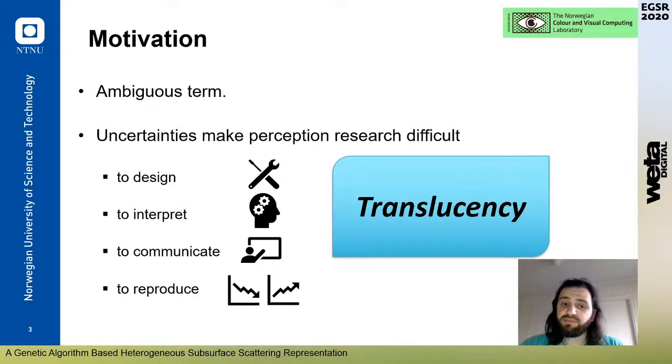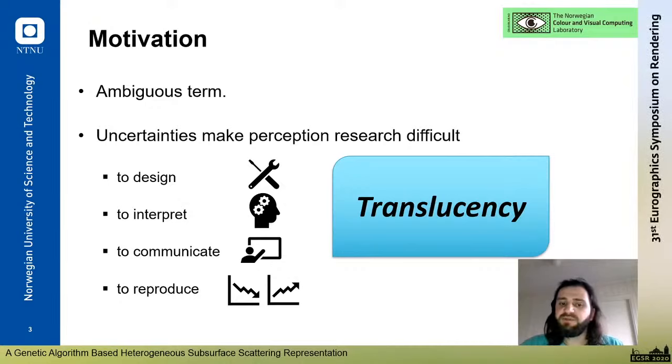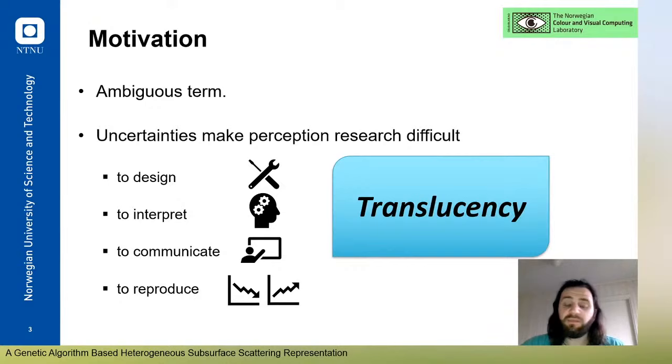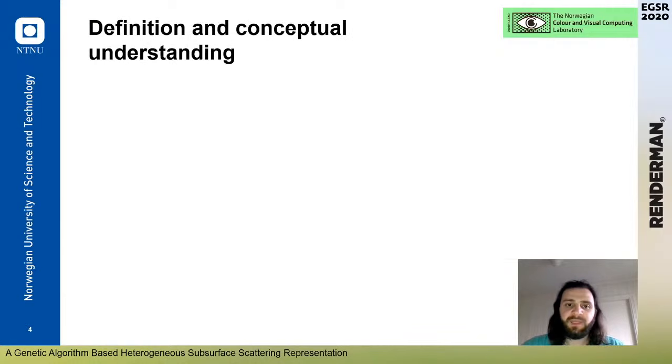Then it's difficult to interpret the results because we don't know exactly how the task was interpreted and performed by the subjects. It's difficult to communicate with the scientific community because of this potential misunderstanding and disagreement on the concepts, and if we do not have agreement on these points, reproducibility of the research might also be compromised.